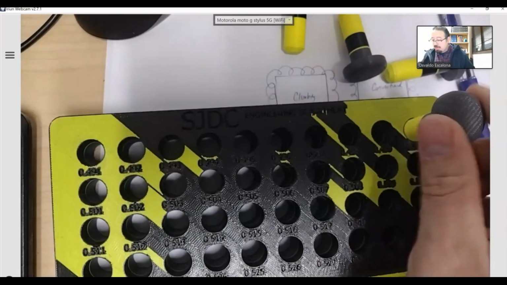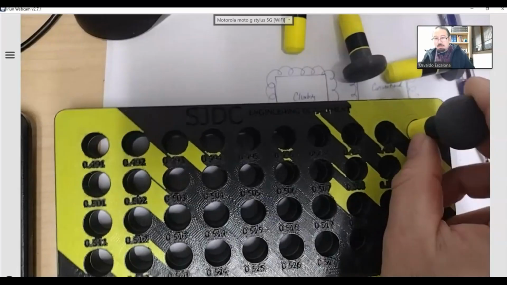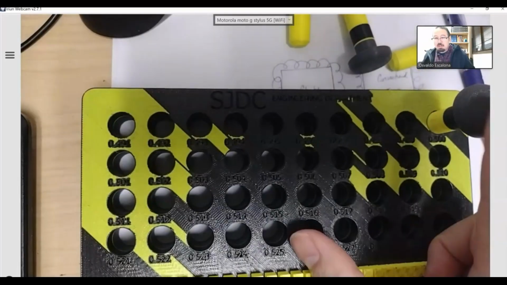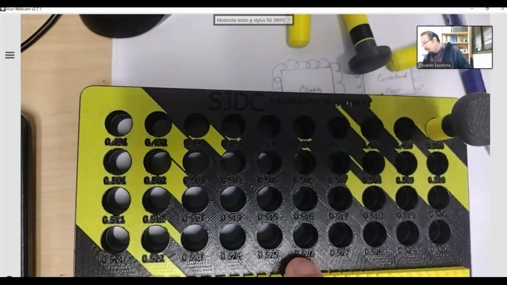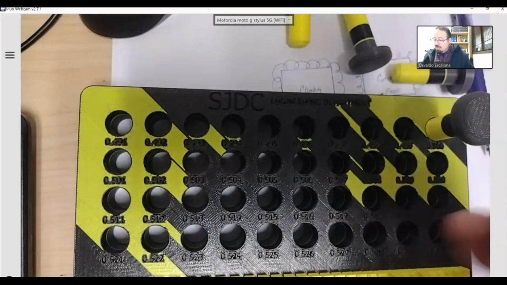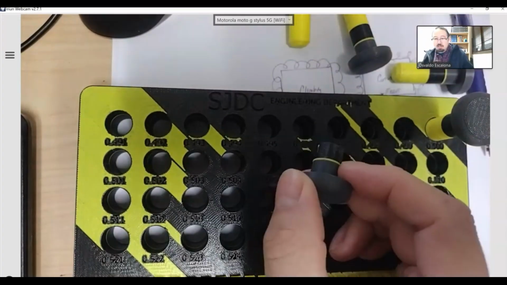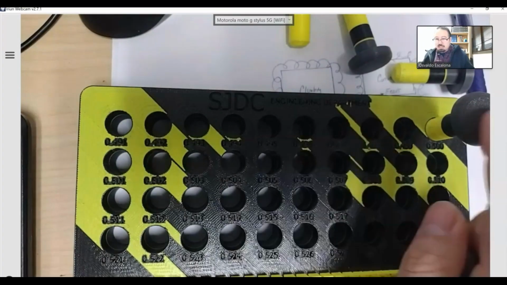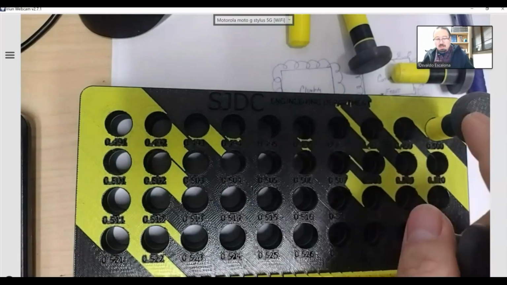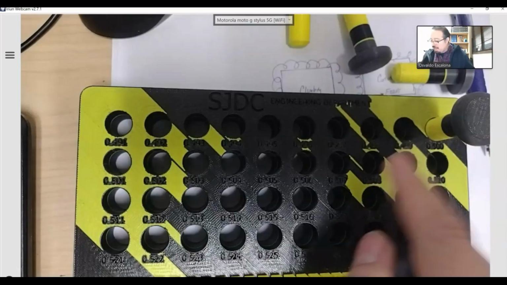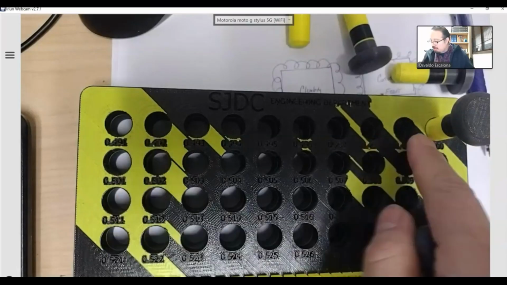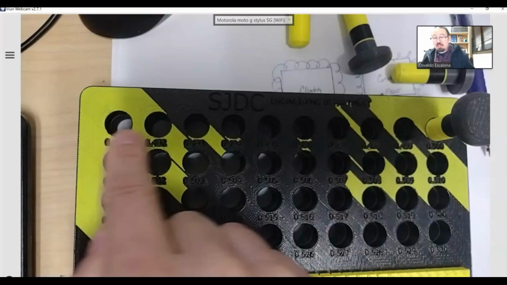I can probably force a fit, but believe me, this guy is not going anywhere. If I try to make a fit and then take it away, I am going to damage my pin. Anything below 0.5 will guarantee an interference.